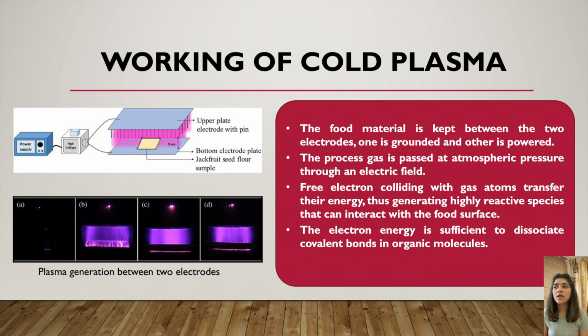The gases present between the electrodes will get ionized, so the food which you want to treat is kept between these electrodes as plasma is generated between them. Free electrons colliding with gas atoms transfer their energy, generating highly reactive species that can react with the food surface. The electron energy is sufficient to dissociate covalent bonds in organic molecules. This is the basic working of cold plasma.